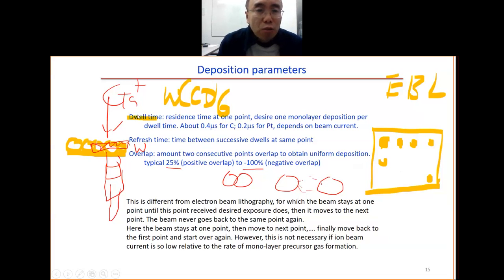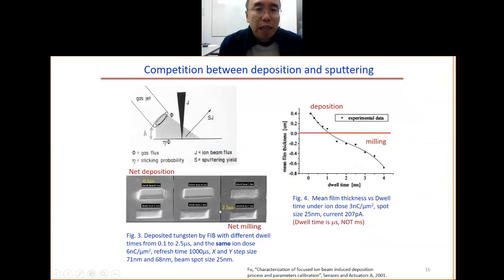So now let's look at the dwell time. As we said, when the dwell time is too long, the gallium first converts this monolayer into tungsten, then starts to mill away the tungsten, then starts to mill away the substrate. So when the dwell time is too long, you get net removal rather than net deposition. Here you can see with a 0.1 microsecond dwell time, you have deposition of the material.